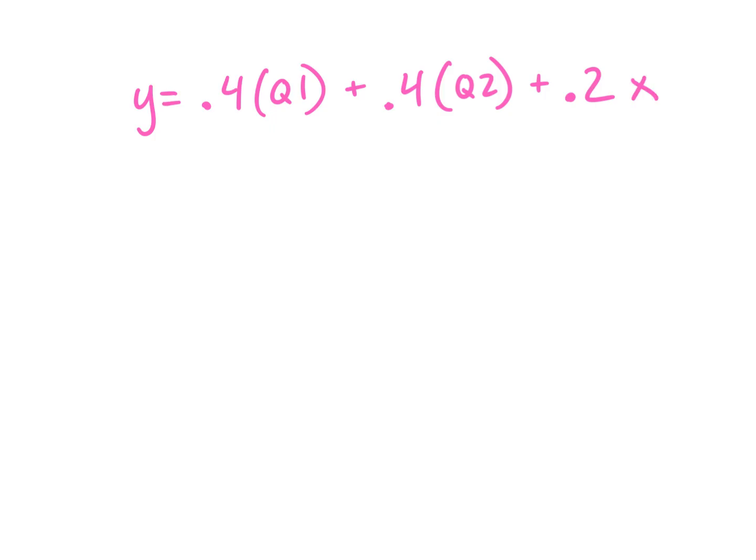If you want to click the y equals button, you can do 0.4 times your quarter 1 grade plus 0.4 times your quarter 2 grade, and then plus 0.2 times x, sorry. We already have y. And then you click the, I think it's the trace button to actually see the graph. Or it might just be the graph button.